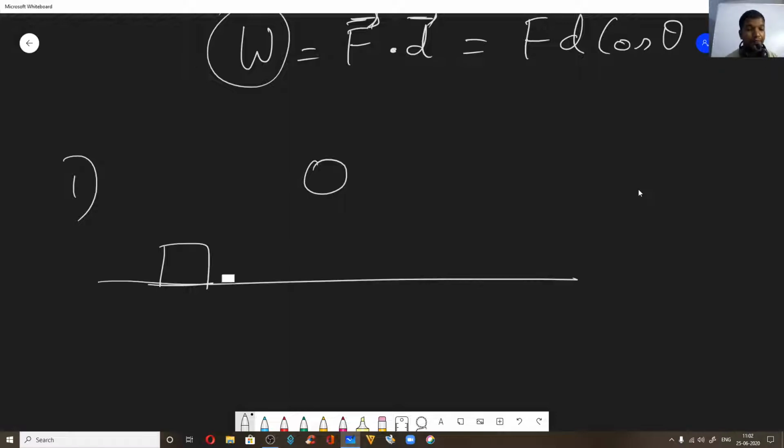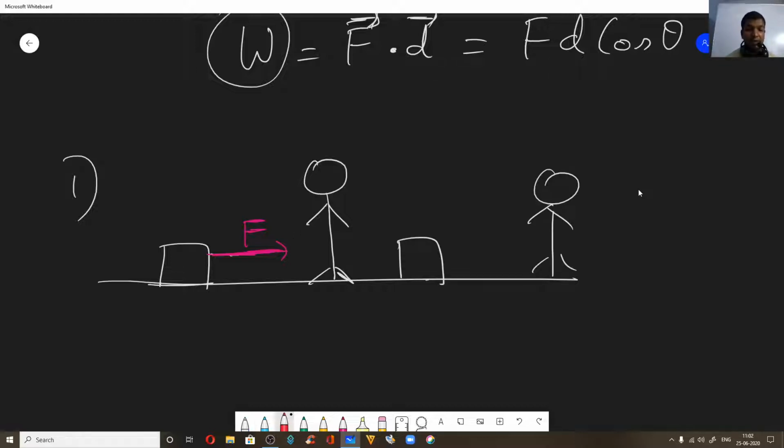What you are doing now is trying to pull the box so that the force you are applying is parallel to the ground. Or you can say the rope is parallel to the ground. Now say finally the box will come to this position. Still you are applying some force here. So the displacement happened as this one.